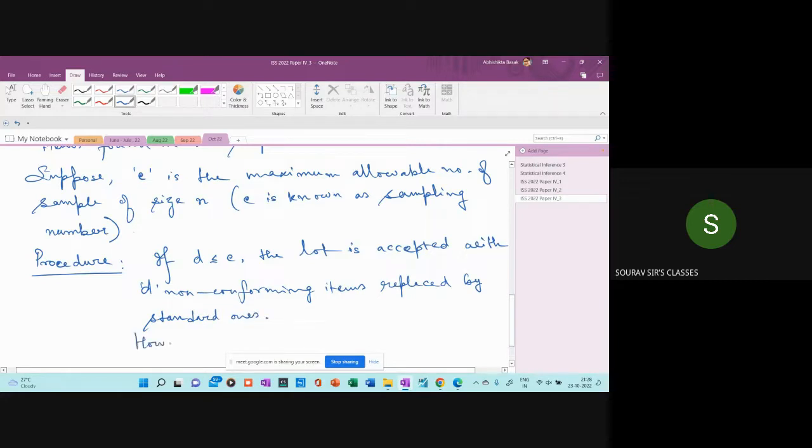However, if D is greater than C, the lot is rectified.